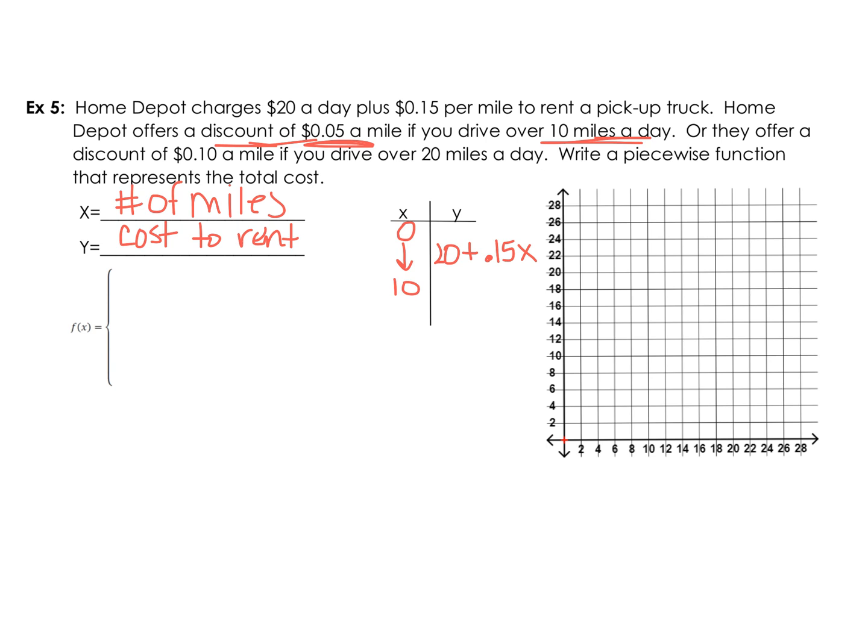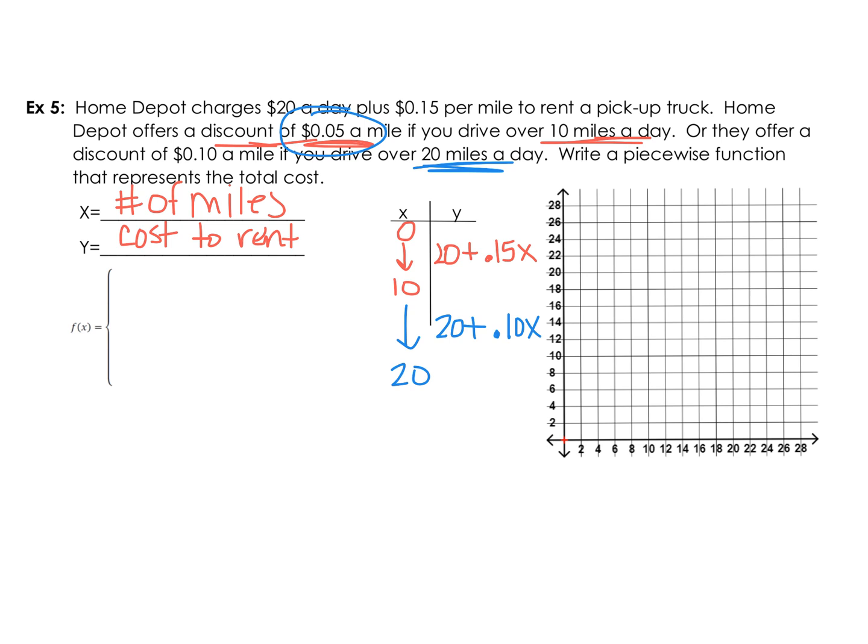Okay, then from 10 to 20 miles, because again, it says 20 miles, then we get another discount. Well, this is after 10 miles, we get a discount of 5 cents. We're going to take away that 5 cents from the 15 cents. So now we're getting charged the $20 a day, but we got that discount of 5 cents. So now it's going to be 0.10x.